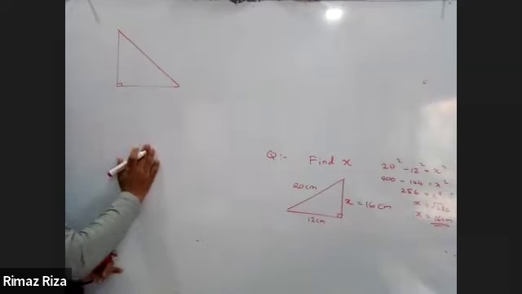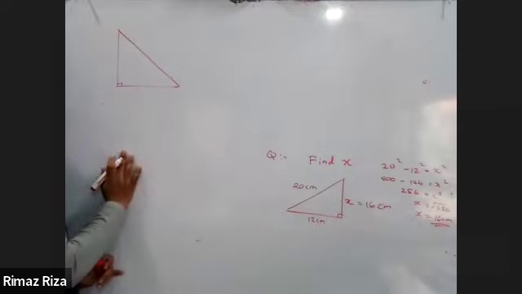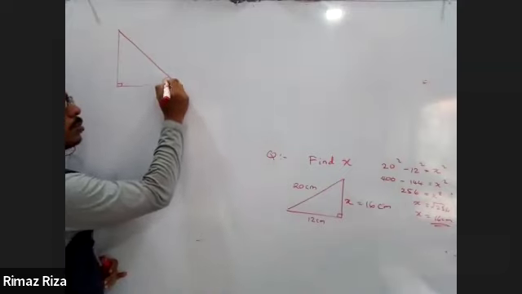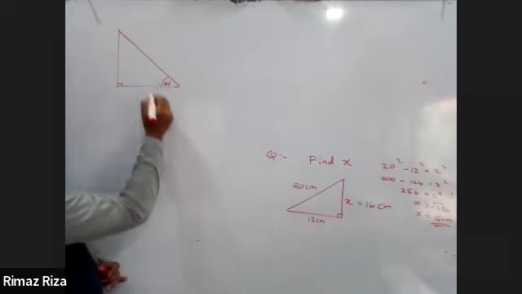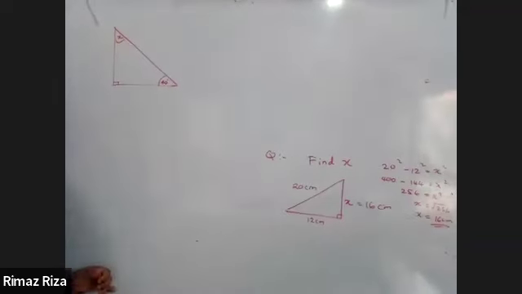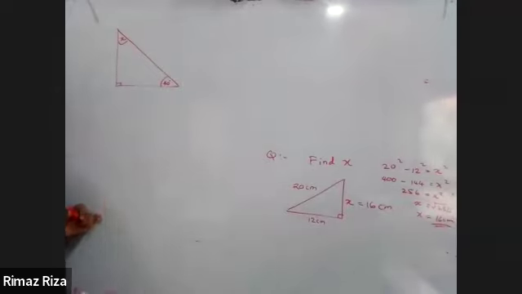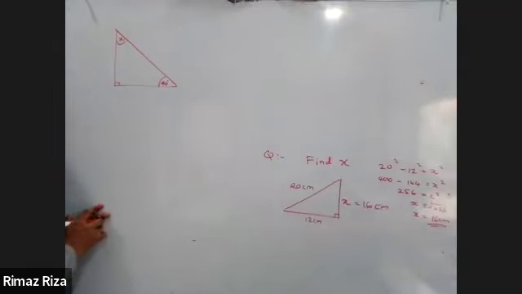So here, this angle's value is 90 degrees. Now I say this angle is equal to 40. What is the value of x? Tell me what is the value of x? 50, sir. 50. Very good.